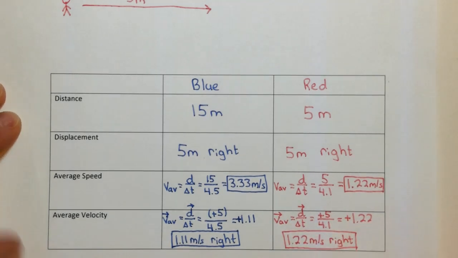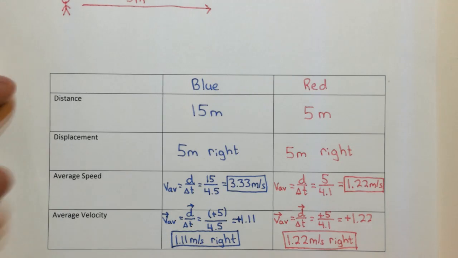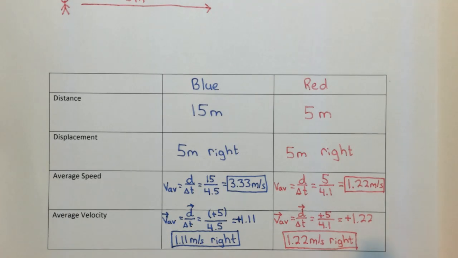So here's where maybe your intuition about velocity doesn't quite pan out. We see that although we got the sense that blue had a much higher speed than red, and we calculated that, indeed it turned out to be true, blue did not have a higher average velocity than red. Blue's velocity is actually a little bit less than red's.